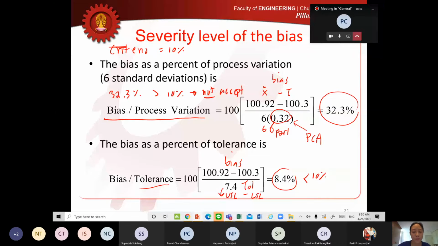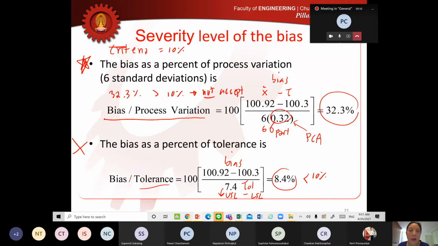But remember that I told you before that when we make the conclusion, we consider only the first indicator, and we do not use this indicator to make the decision. We just want to know it for information. That's all.